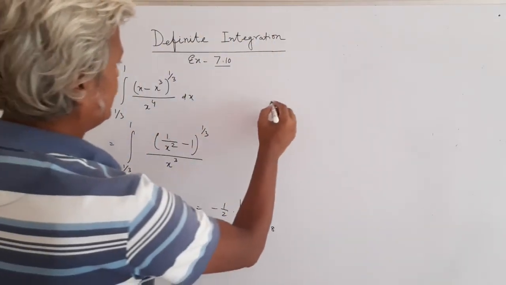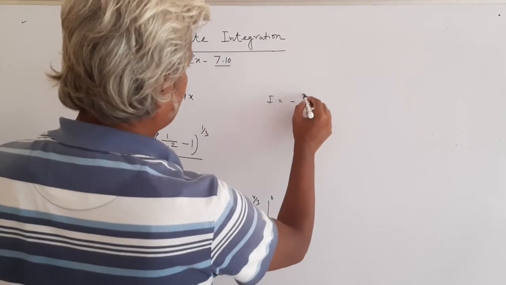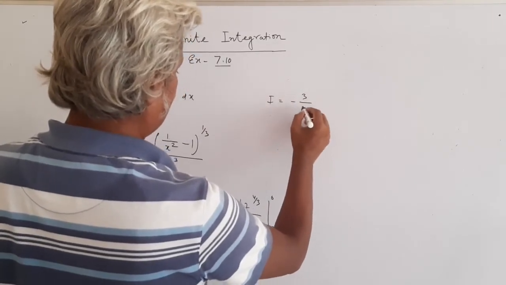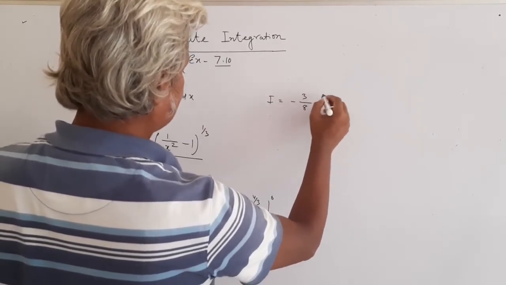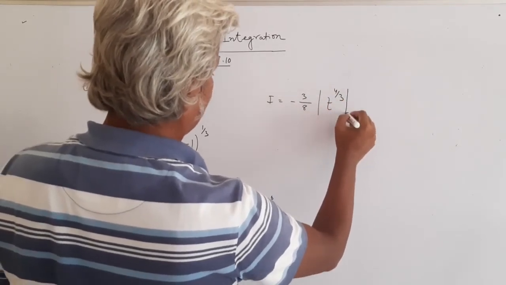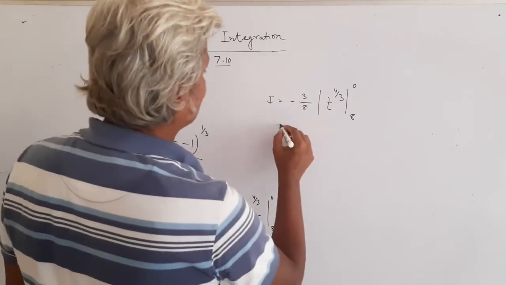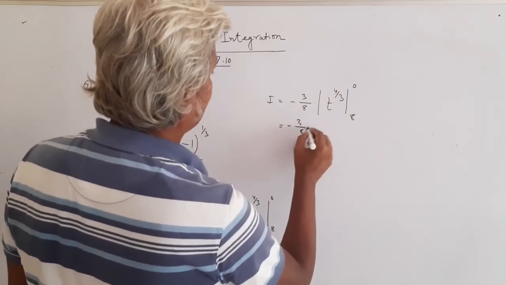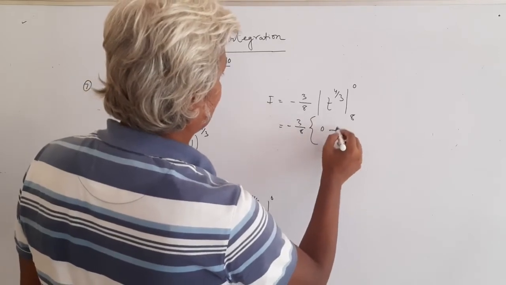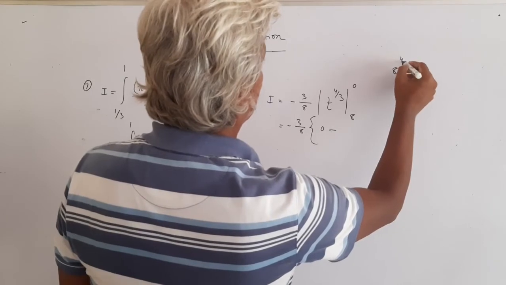So this becomes, as 3 goes up, minus 3 over 8, and this becomes t to the power 4 by 3, and the limit goes from 8 to 0. So when you put 0, it's automatically 0. So minus 3 by 8, the first value is 0, minus the second value, 8 to the power 4 by 3.